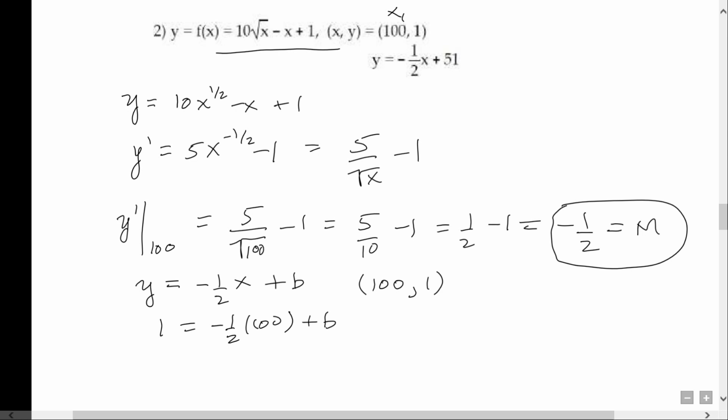Solving for b, you get b is equal to 1 plus 50 equals 51. And then y is equal to minus 1/2 x plus 51.